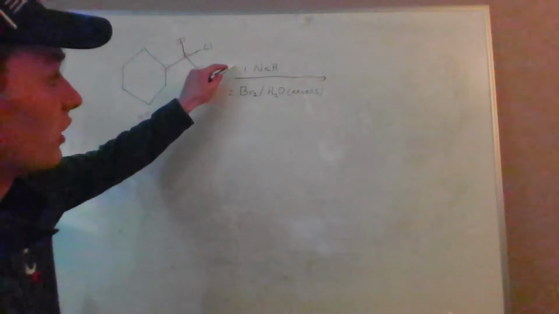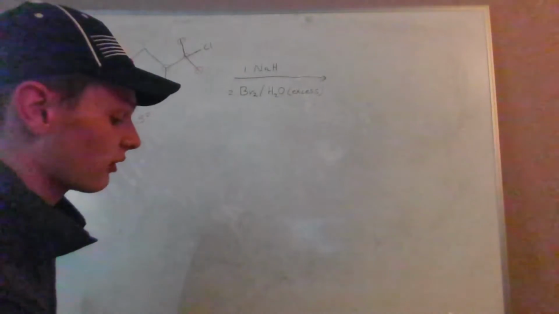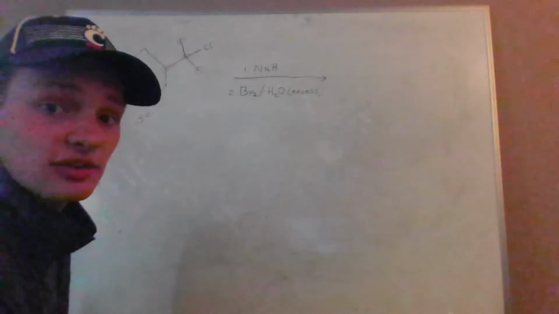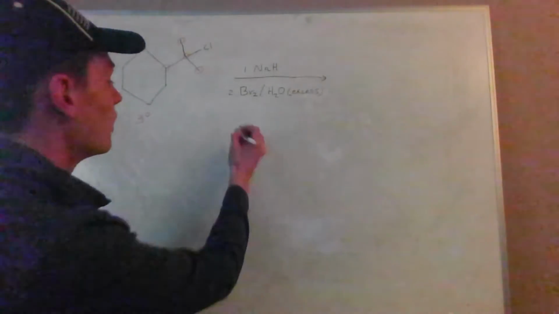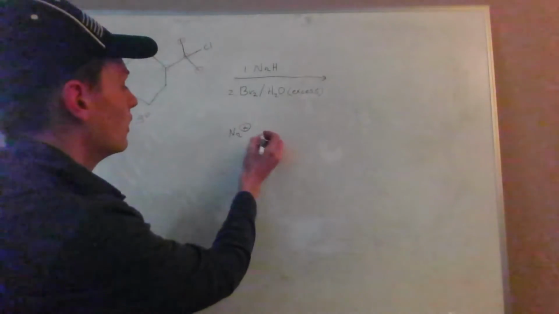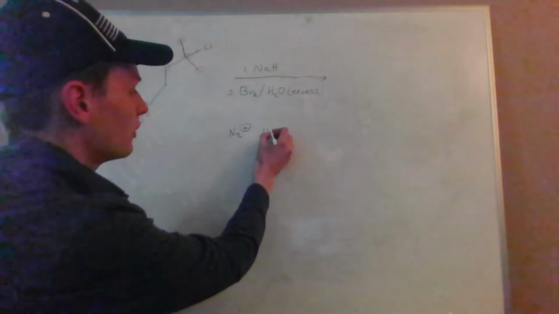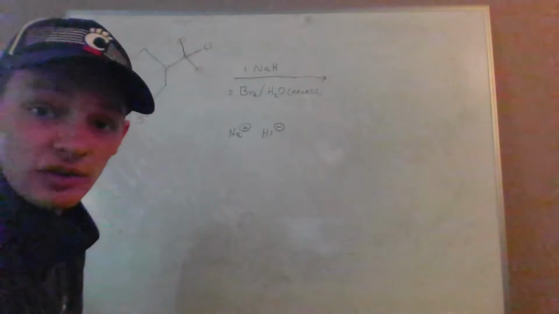The next thing we have to do is look at our reagents. So we have the number 1 here, which means that this is the first reaction that we're going to perform, and that's with NaH. So we know that these are going to break up into their ions, so we'll have Na+, which is going to be a spectator ion, and then we have the rare, not so often seen, H- anion. What is that going to do?